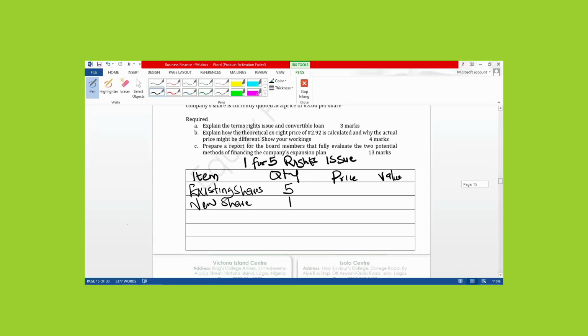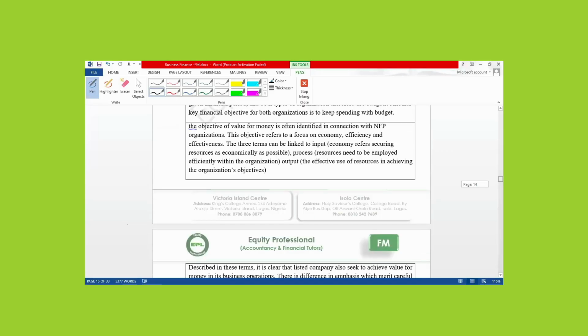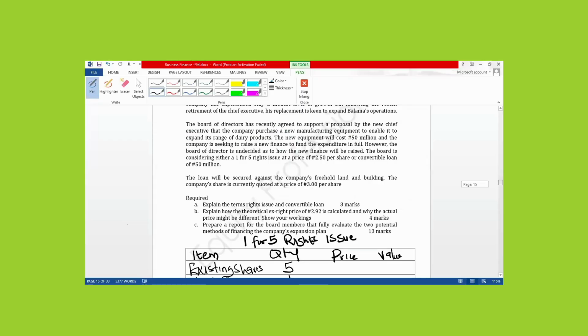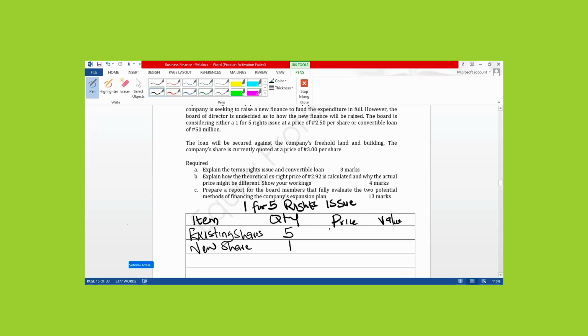Go to the question. What is the market price of the existing shares? 3 naira. What is the price of the new share on the rights? 2 naira 50 kobo. You can see the new shares are issued at a price below the market price.